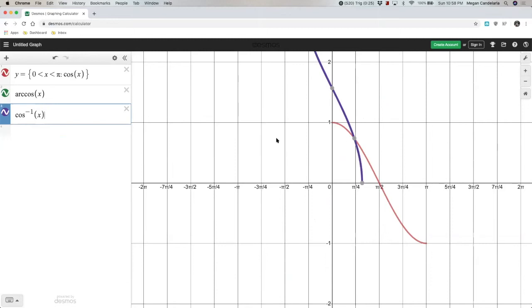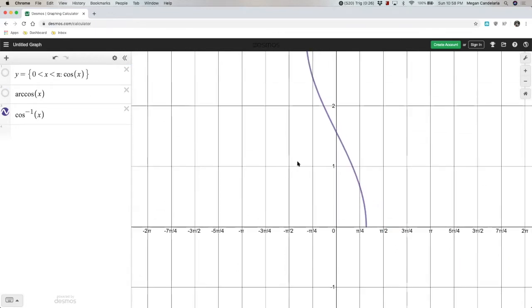Okay? Now let's see if we can think about the domain and range of our arc cosine, or our inverse cosine function. Well, again, it might be a little helpful to go back and think about our limited domain cosine function. The domain of this we limited to be between 0 and pi. So that means the range of our inverse cosine is going to be 0 to pi. Similarly, the range of our cosine function was -1 to 1, which means the domain of our inverse cosine function will be -1 to 1.